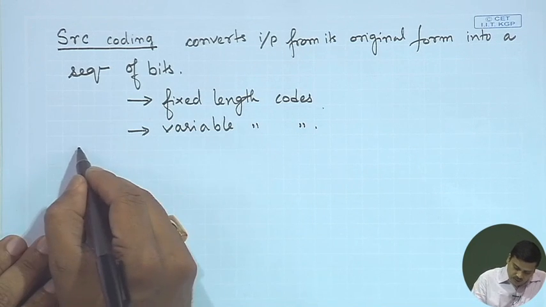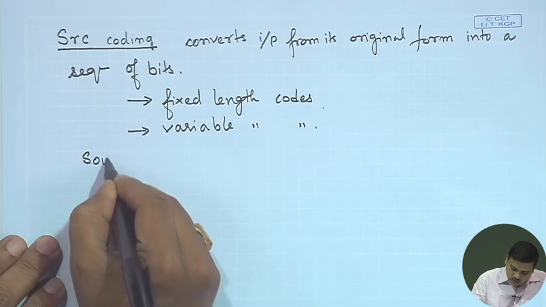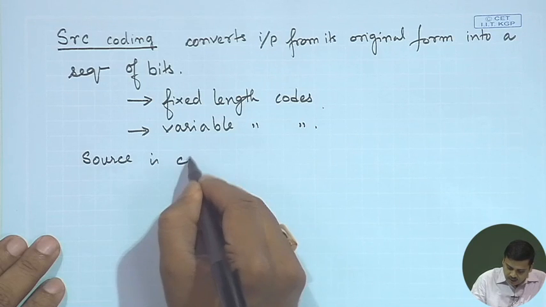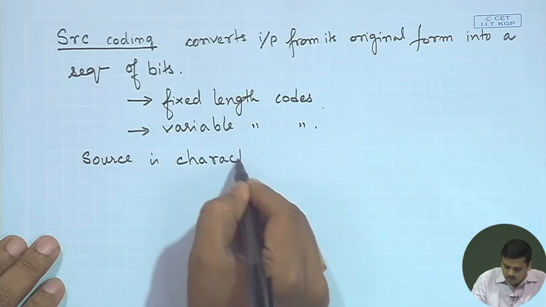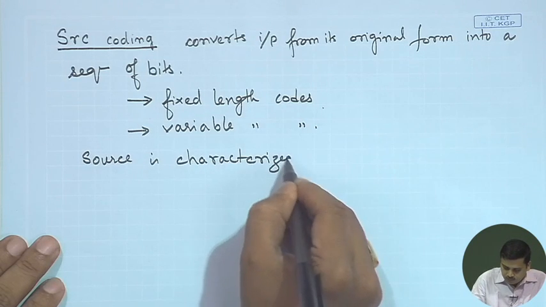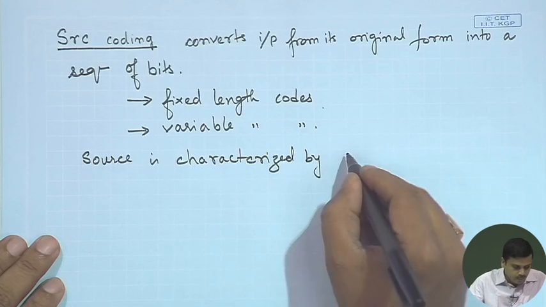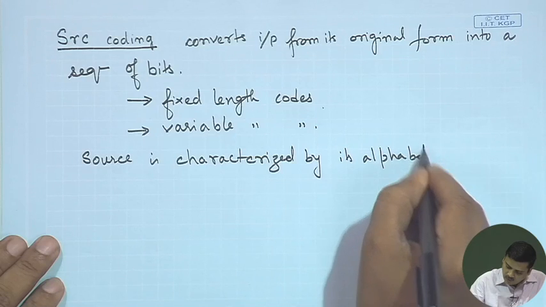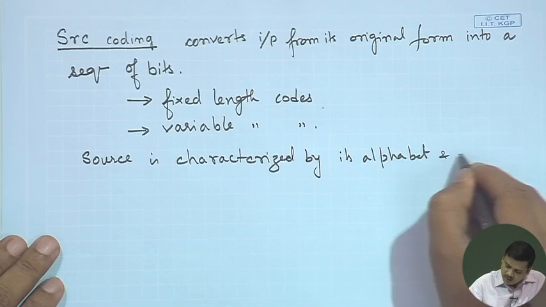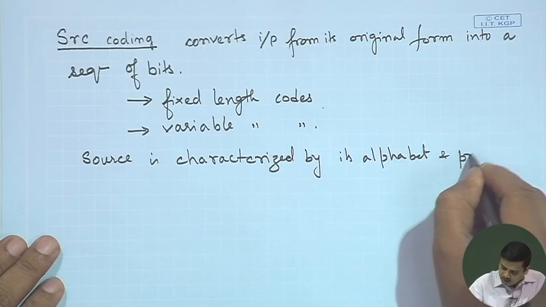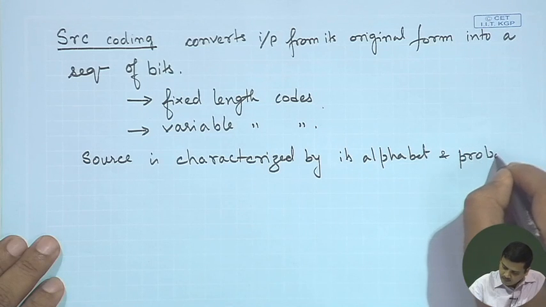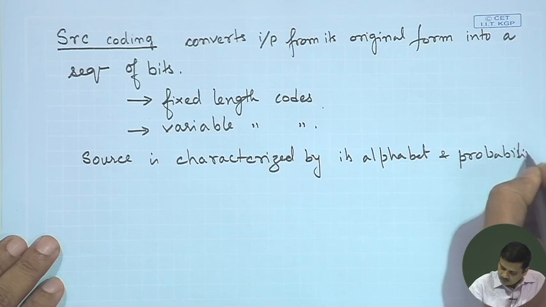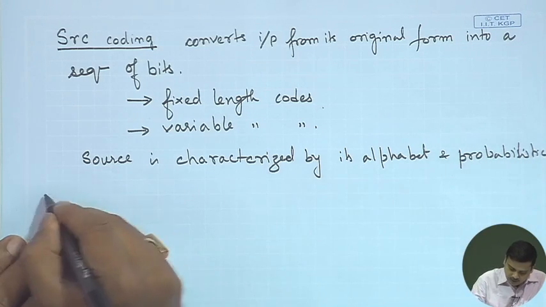And we also state at this point that a source is characterized by its alphabet, which we described earlier, and its probabilistic nature.